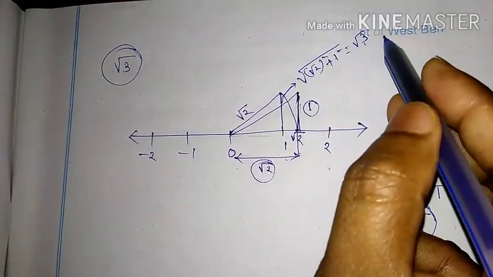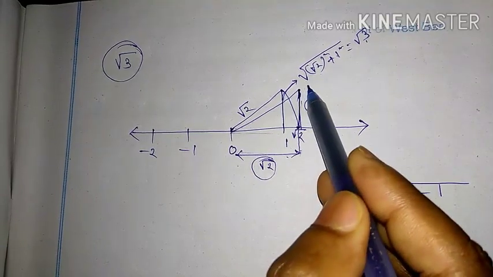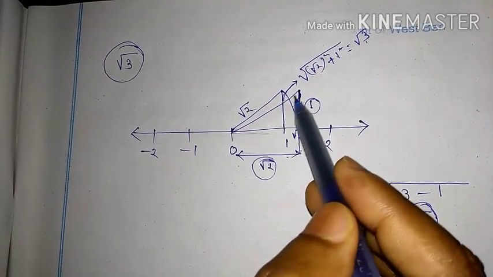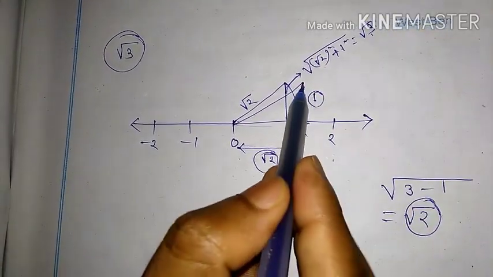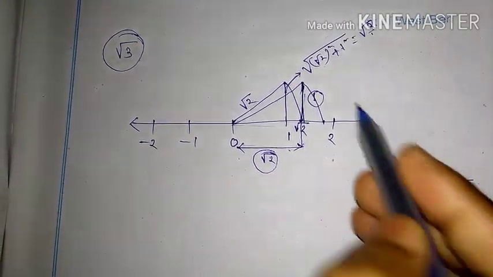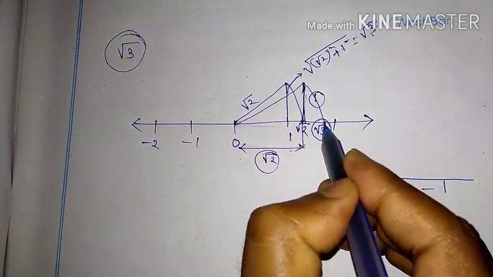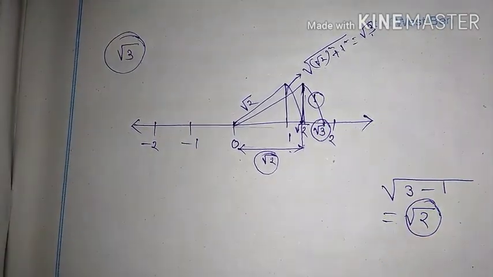Now draw an arc taking this hypotenuse, root 3, as radius, and the arc touches the axis at this point, and this point is root 3.